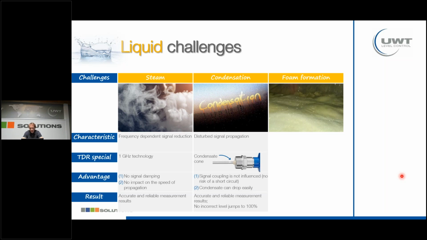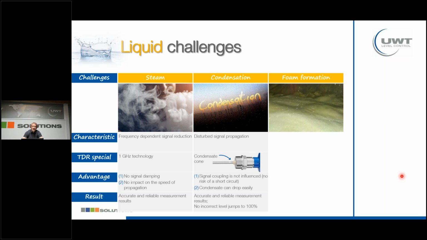Condensation may also be an issue. Condensation can form at the process connection, and here a condensate cone is implemented to avoid any short circuits between the process connection and the probe, because if we have condensation here, the spread of the energy is influenced, so we do not get the signal sent out.